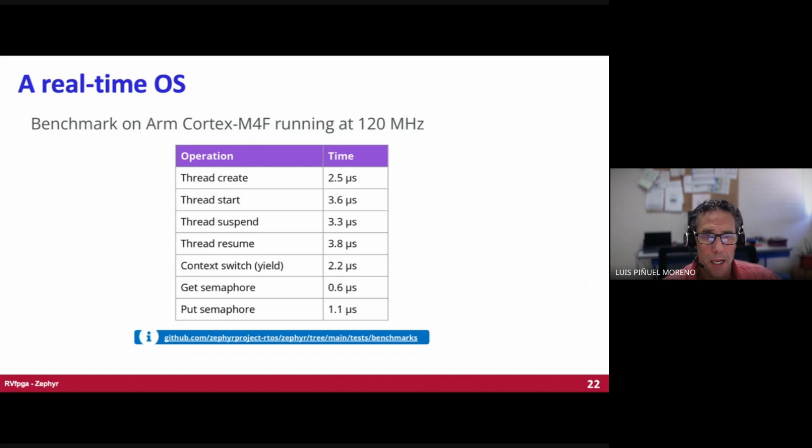Real time. At its core, Zephyr is a real-time operating system, so efficient scheduling is one of its most important features. The benchmarks on this slide show that common kernel operations, such as creating threads, switching between them, and synchronizing with semaphores, take only a few microseconds.